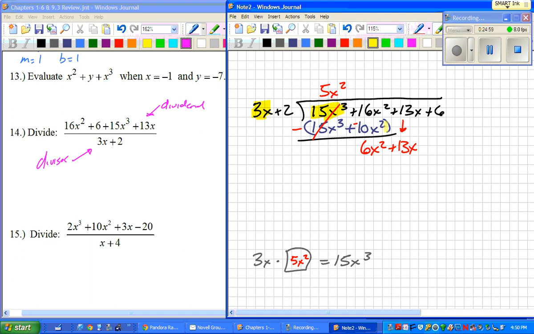So now, how many times does 3x go into the 6x squared? 3x times what gives you 6x squared? Well, you should be saying, Mr. Grice, it's 2x.